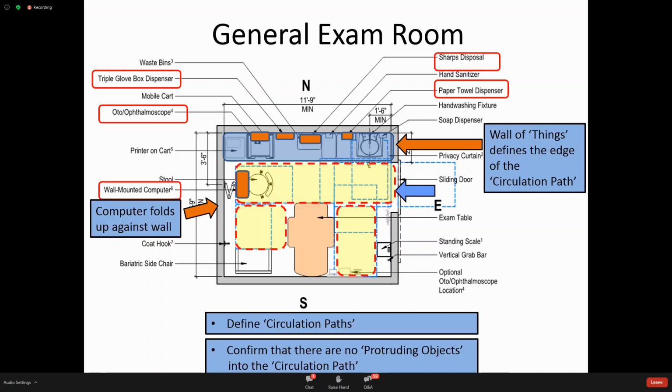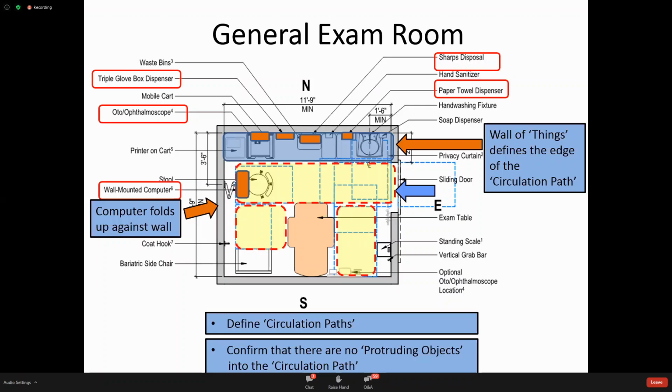How do you justify the wall of things in a blind person setup not going in that direction and out of the circulation path as defined by your layout? Two things there. If you approach things from the front, you get 12 inches rather than 4. That resolves almost all these issues.